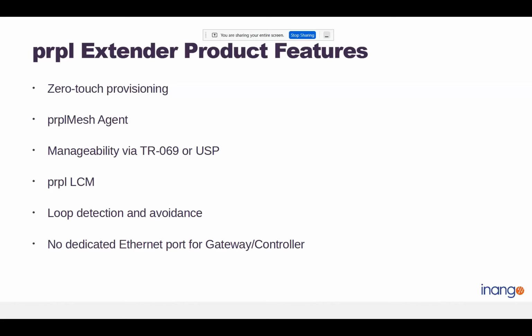Manageability via TR69 or USB. As well as gateway, extender can be managed using TR69 or USB protocols if needed. And the first question here is, because we already talked about zero-touch provisioning, how to configure the ACS or USB controller URL for the TR69 and USB agent to connect to.